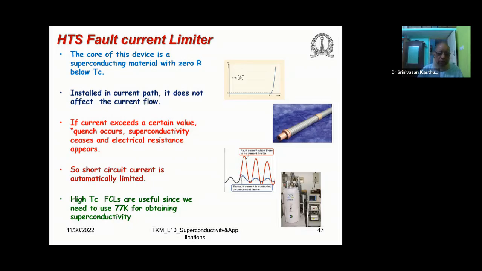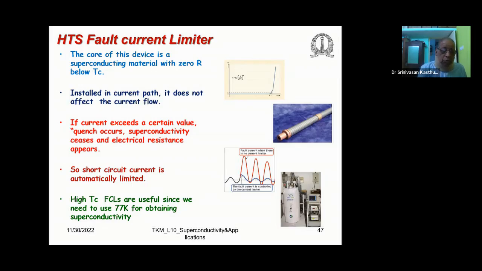High temperature superconducting fault current limiters are useful since we need to use only 77 K for obtaining the superconductivity. You don't need, let's say, 4 Kelvin, or liquid helium for the fault current limiters.